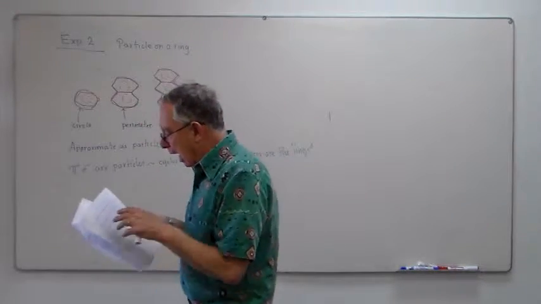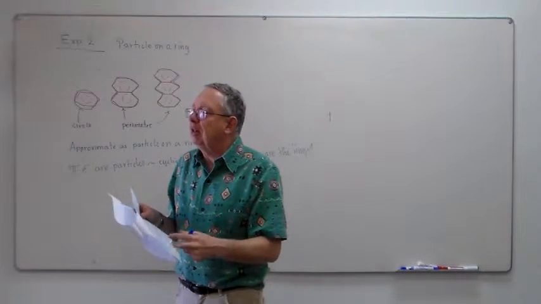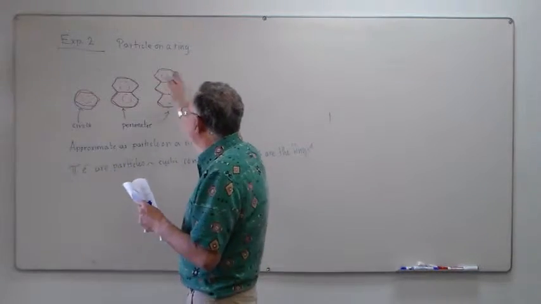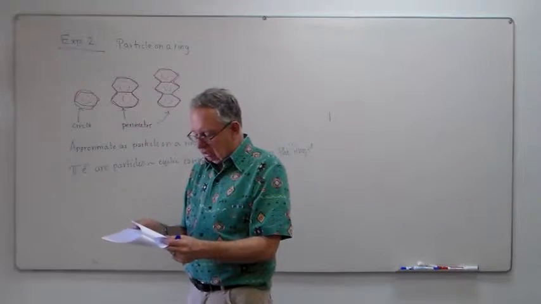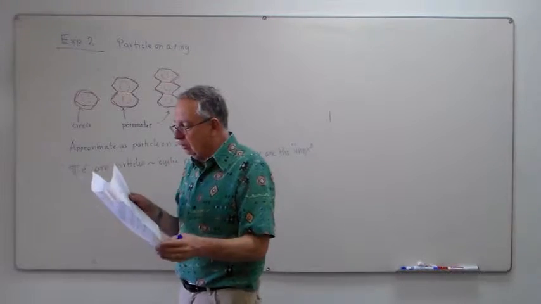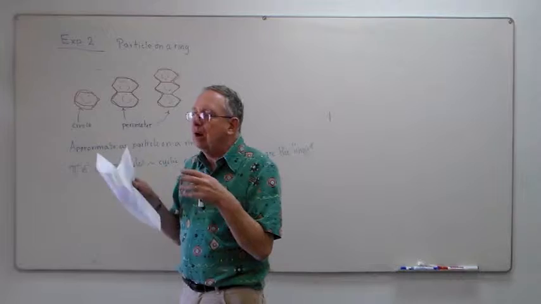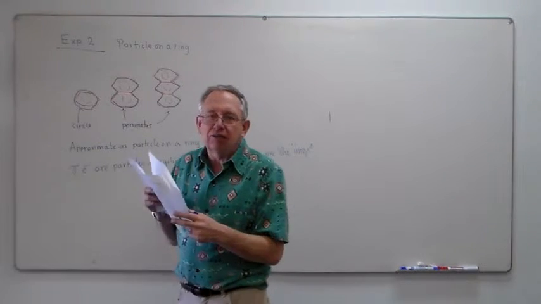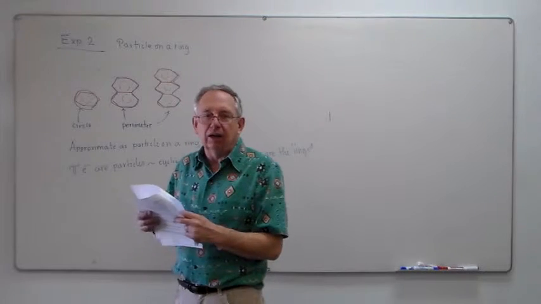So you can see the obvious parallel between particle in a box and particle in a ring, and we're going to look at these systems now and see if we can get a correlation. Now, our focus will be looking at a relationship between n squared and c, the circumference of the ring, and lambda and c squared.